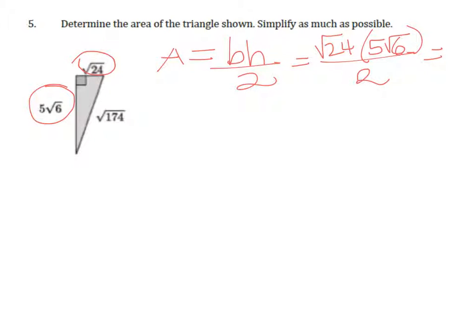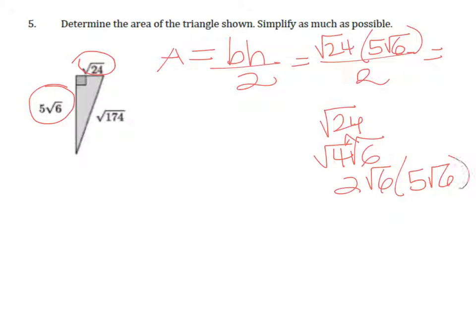I would simplify the radical 24 first. Okay, so that breaks down to 4 times 6, which simplifies to 2 radical 6. Times 5 radical 6, all divided by 2.